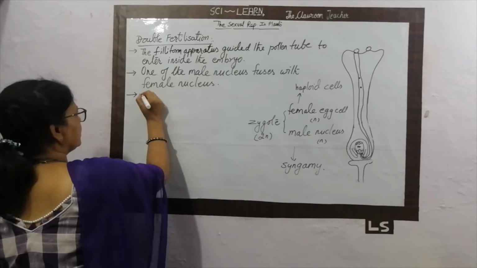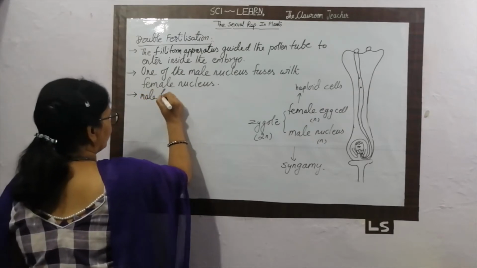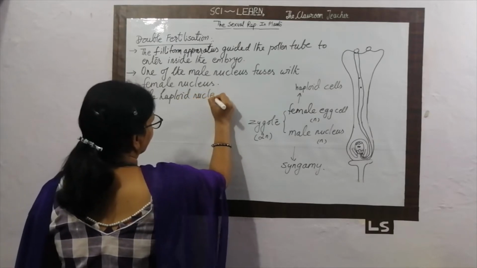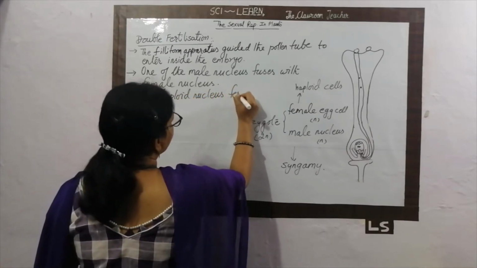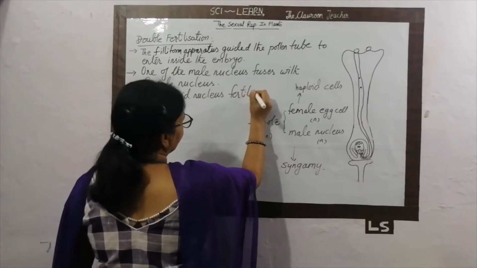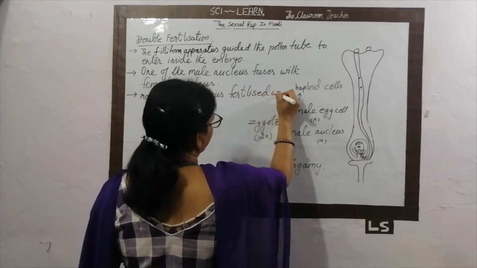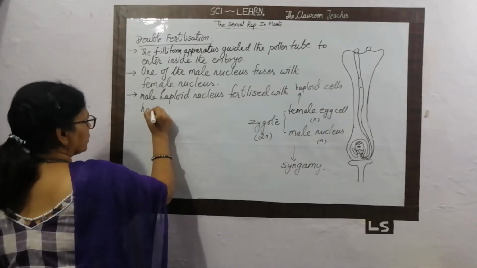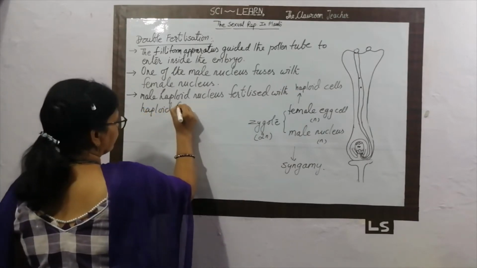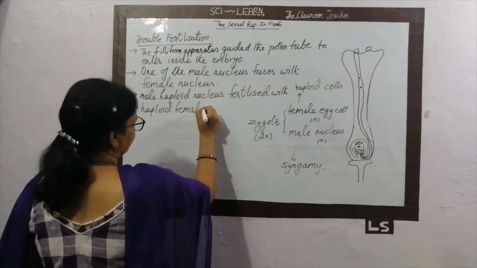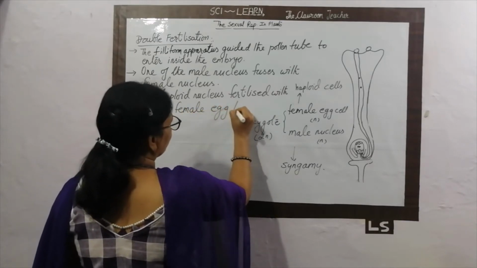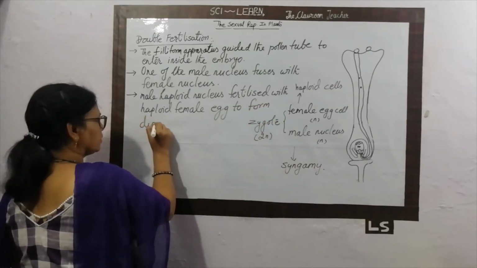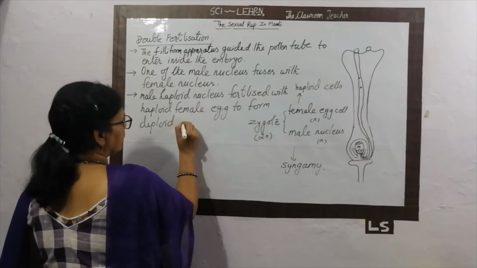What happened next? The male haploid nucleus fuses with, or fertilizes, the haploid female egg cell to form a diploid zygote.